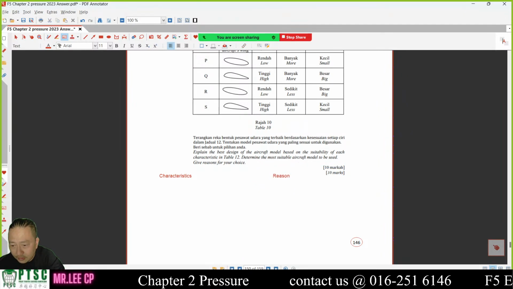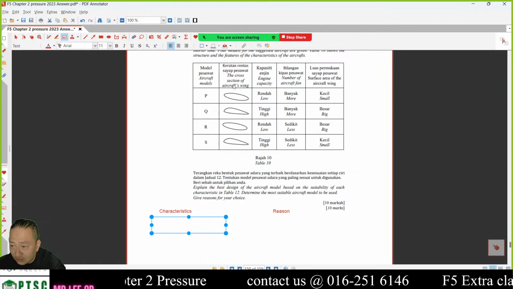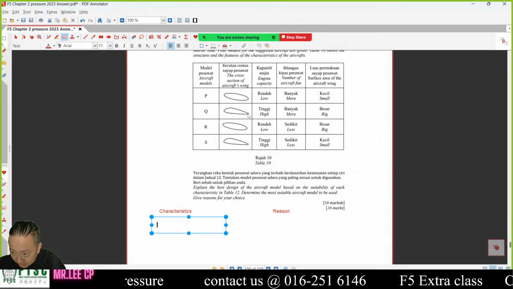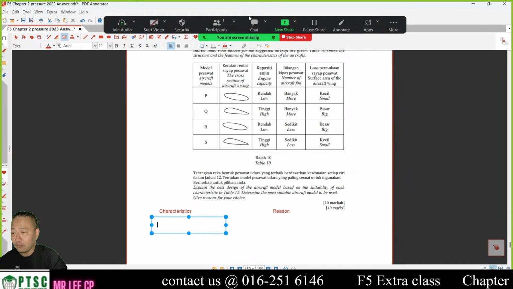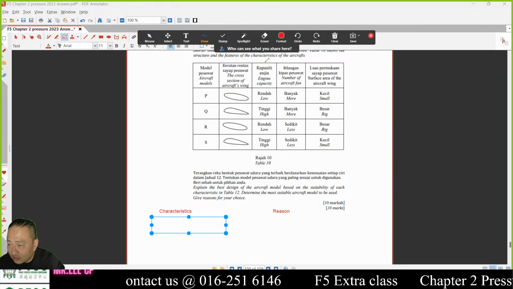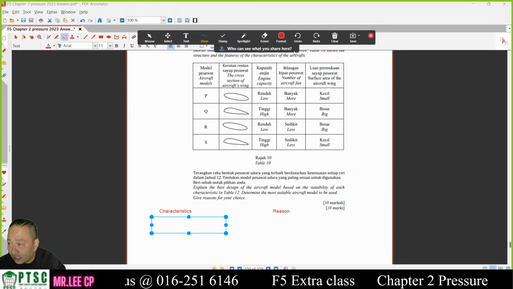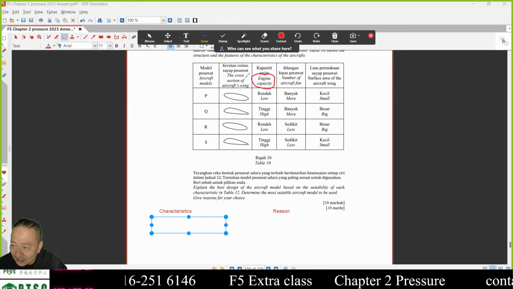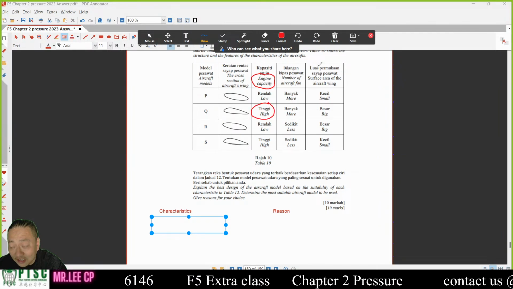Now the first characteristic is the cross-sectional area of the aircraft wing, P or Q or R or S. If you are not sure, don't choose first. Now engine capacity. Some students answer it wrongly, thinking it is heat capacity, that high heat capacity can absorb more heat, which is wrong.